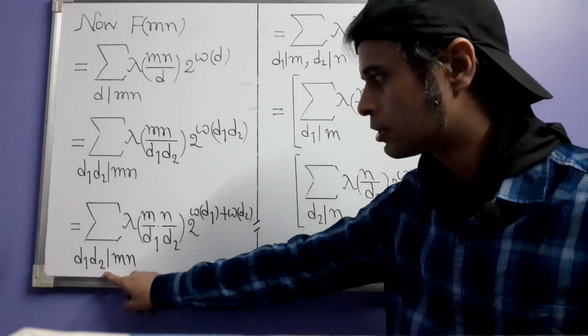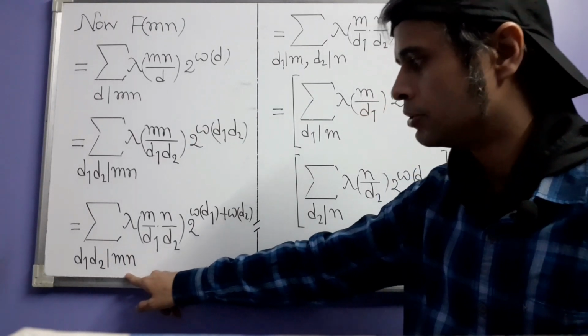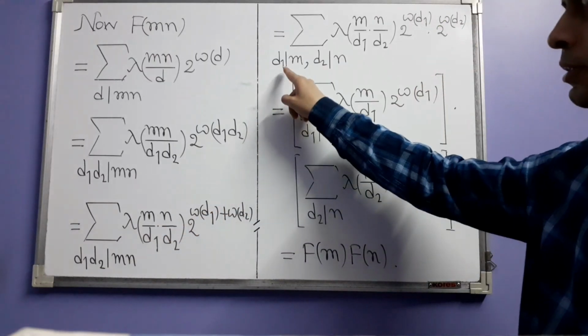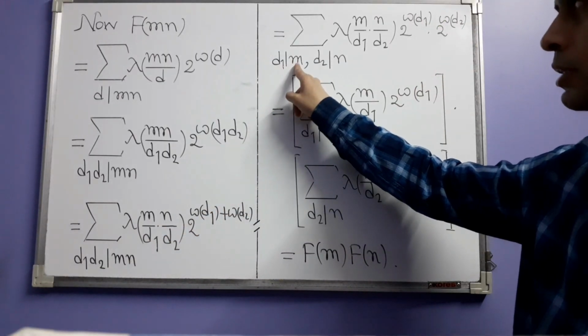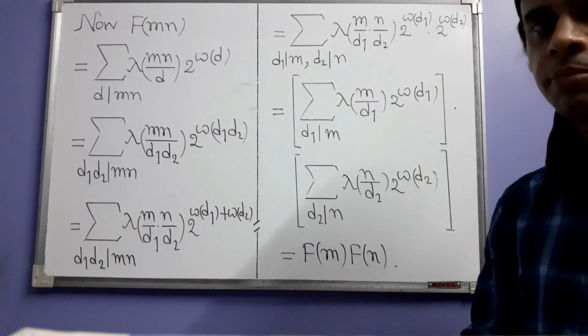Instead of the condition that d1, d2 divides mn, we have written d1 divides m, d2 divides n.